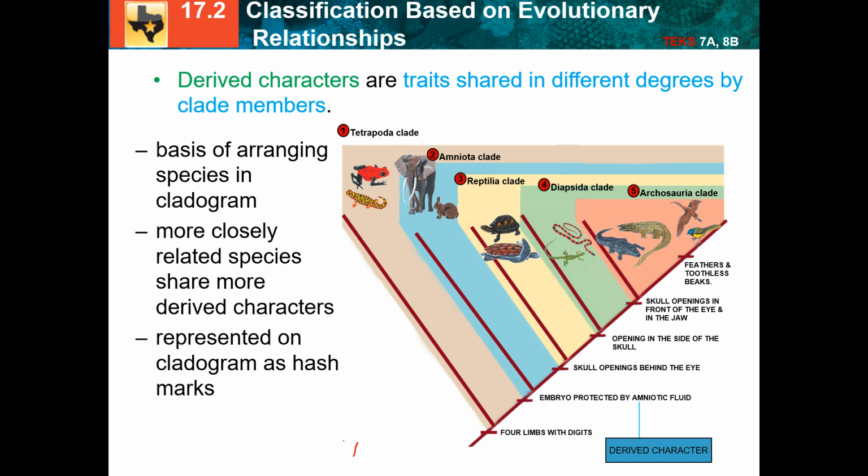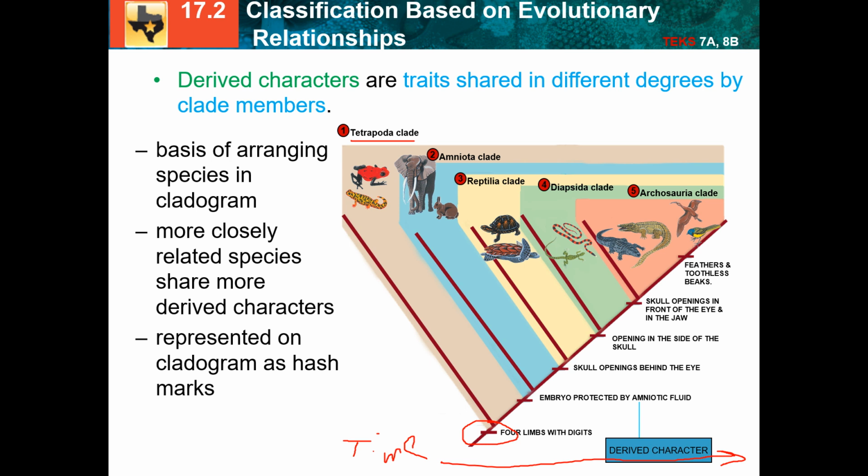So again, let me label this time right here. This is sort of like an axis where this is going forward in time. This is the farthest back in time that this clade shows, where this tan or brownish color is what's called the tetrapoda clade.